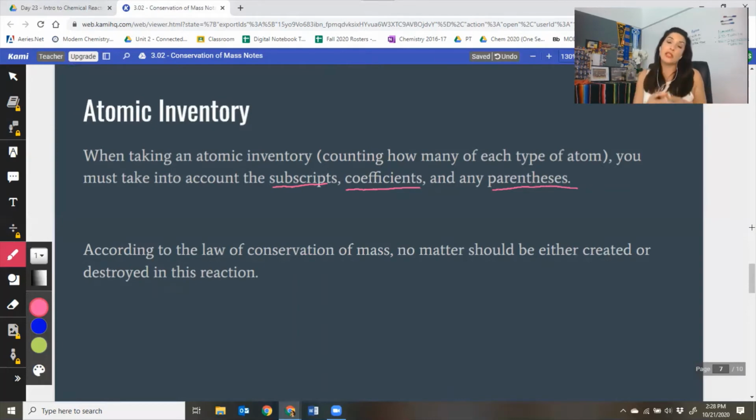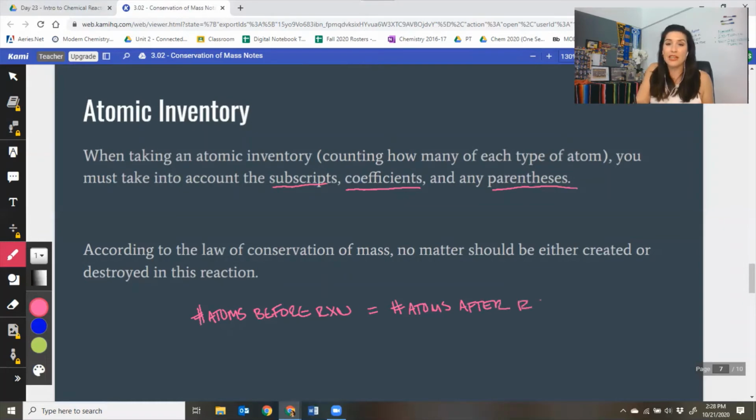And so according to the law of conservation of mass, no matter should be created or destroyed in this reaction, which is to say you should have the same number of atoms of each kind before the reaction takes place as you have number of atoms of each kind after the reaction takes place.